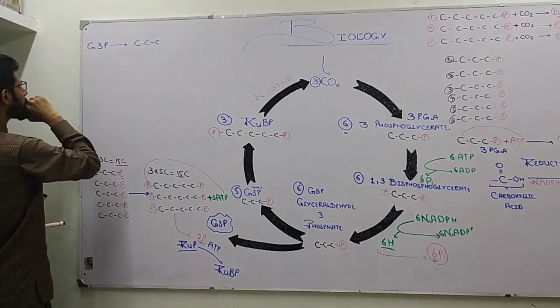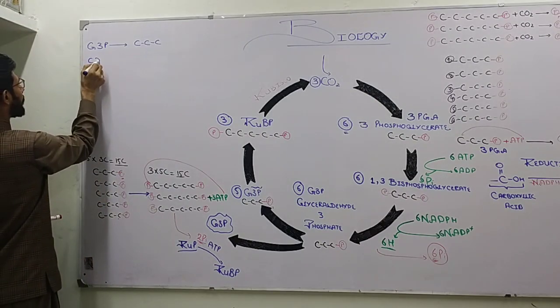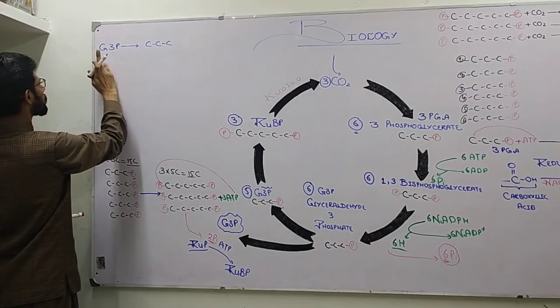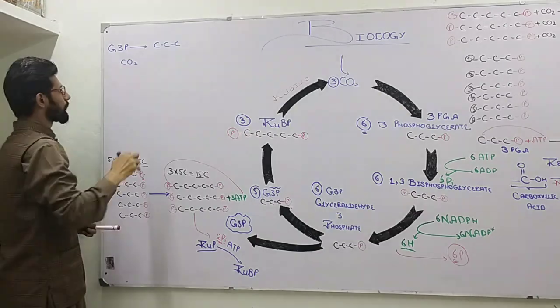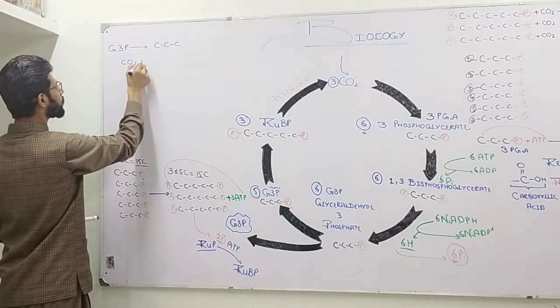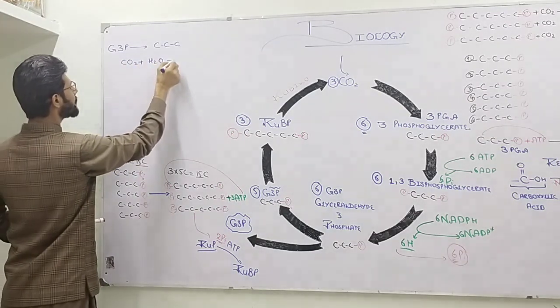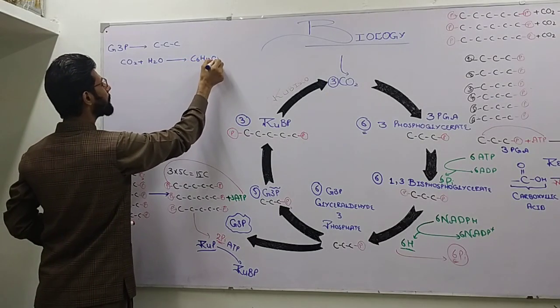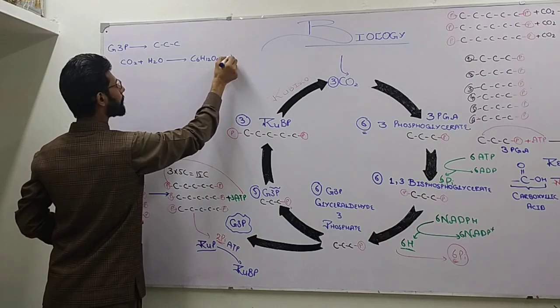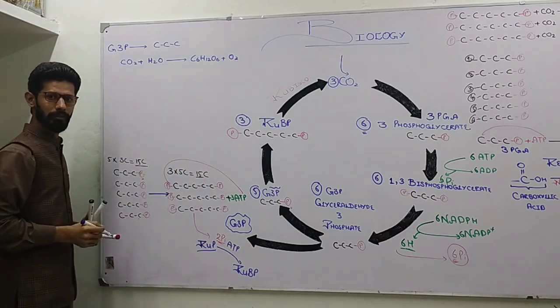But if you note the equation of photosynthesis, you will find that there is glucose, which is a 6-carbon compound.